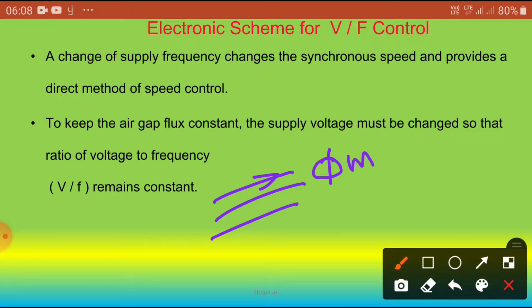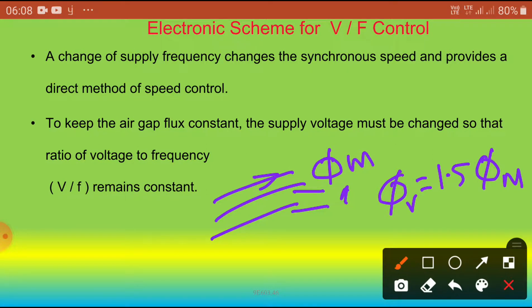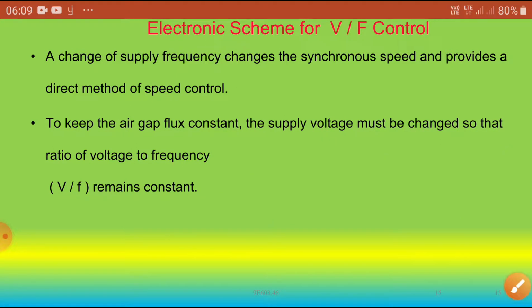Then the resultant phi r is equal to 1.5 times phi max, the flux produced by each phase. This is the resultant flux, and it should be maintained constant in the air gap. To keep the air gap flux constant, the supply voltage must be changed so that the ratio of voltage to frequency remains constant.